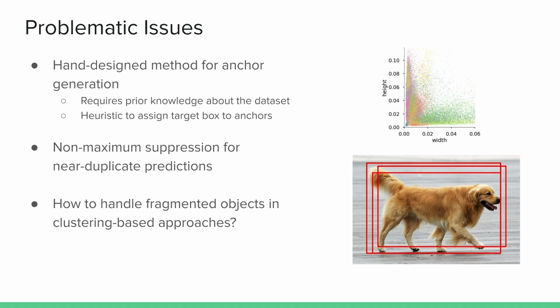And for those bottom-up approaches, one common challenge is how to handle fragmented objects when you want to cluster your pixels together. If one pixel over here and one pixel over there belong to the same object and they're not connected to each other, that is challenging. And finally, one more issue that could be hardening this problem of using segmentation and clustering algorithms is, what if a pixel does not uniquely belong to a single class?